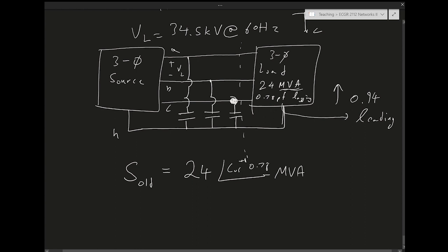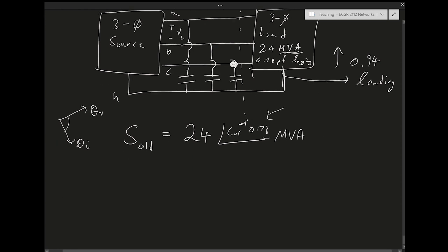And it's positive because the power factor is lagging, right? Because S is V times I conjugate, the angle of S is going to be theta V minus theta I. But because I is lagging, theta V minus theta I is always going to be positive. So this angle is going to be positive, right?